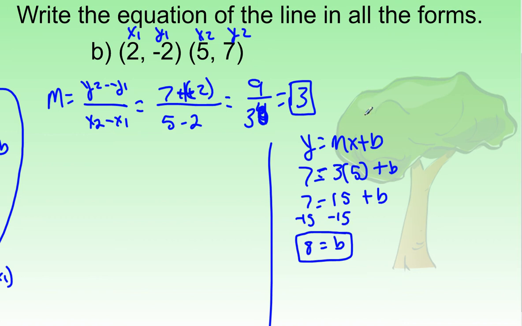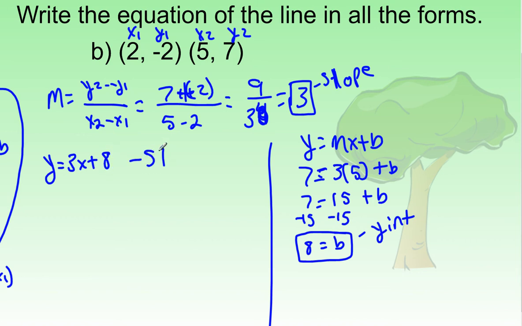Alright, so we have slope. Whoa, we have y-intercept. So our formula in slope-intercept form is y equals 3x plus 8. Done.